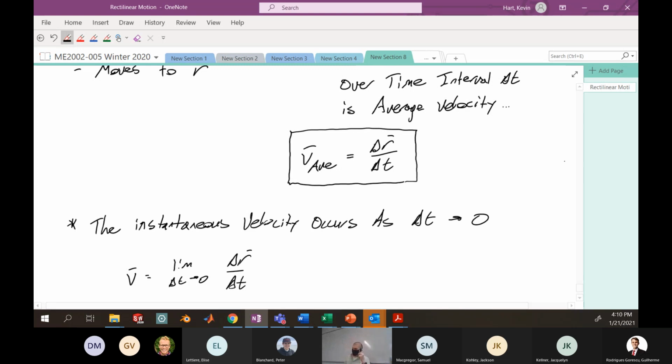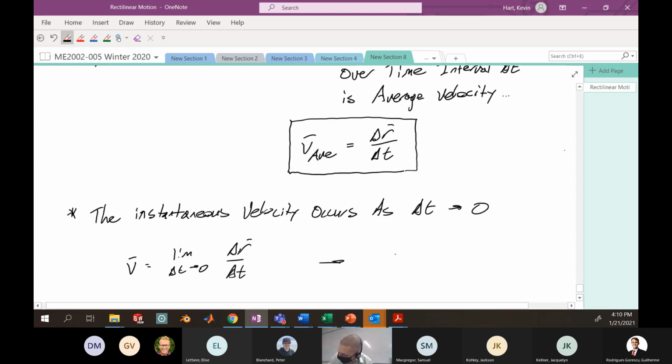If we know this concept in calculus, you can rewrite this in the differential form, which is probably the more accepted way to see it, and say that the velocity here is the derivative of the position vector r as a function of time, differentiated over time. So that's your most general definition for velocity.